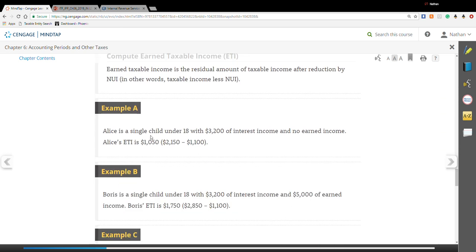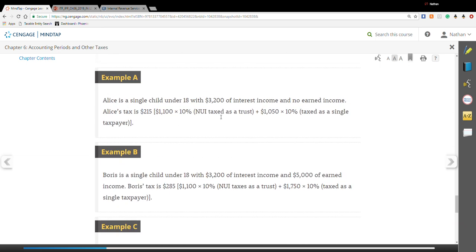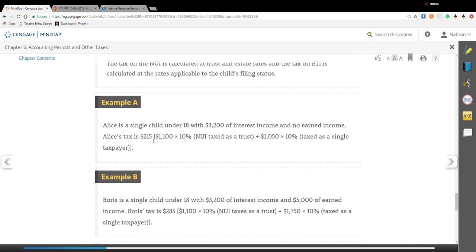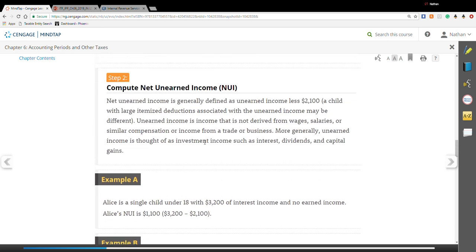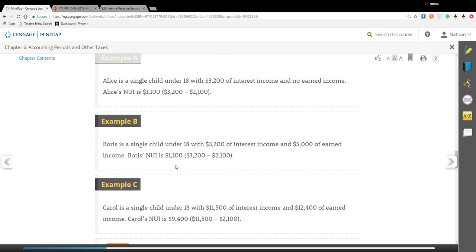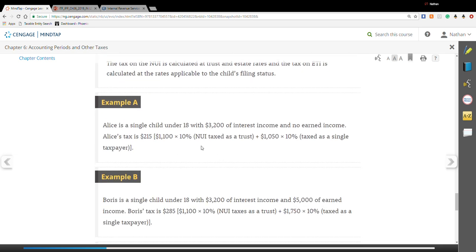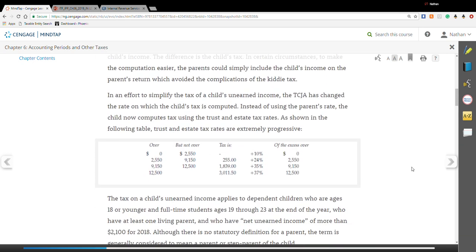So, start off with our example here. Example A with Alice. Oh, that's step 3. Here's step 4. So again, Alice is a single child, and we have that 3,200 with no earned income. Here's her tax, and this is found as simply as the NUI. So the 1,100 that we figured out in step 2, right here, times 10%. That's the table tax. So again, up here in the book, here's the table tax.